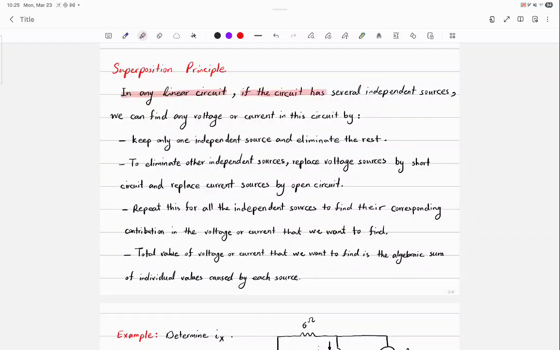Now, if the circuit has several independent sources, very important, do we consider dependent sources as inputs? No. Why not? Give me a logical reason so you don't forget it. Imagine you have 9 independent sources and 1 dependent source, okay? Can I consider 10 inputs to my system or no?